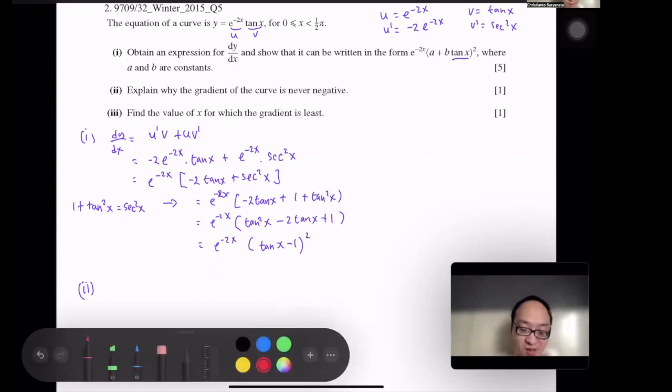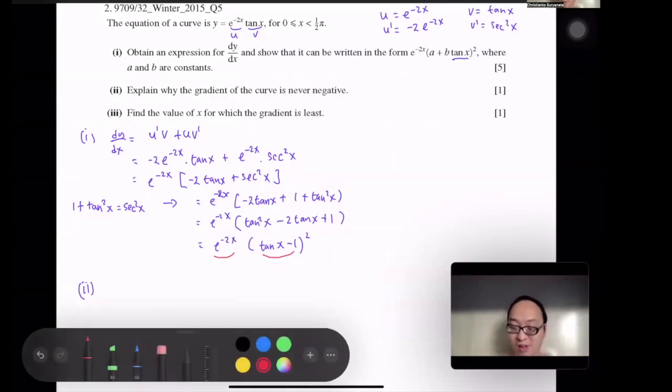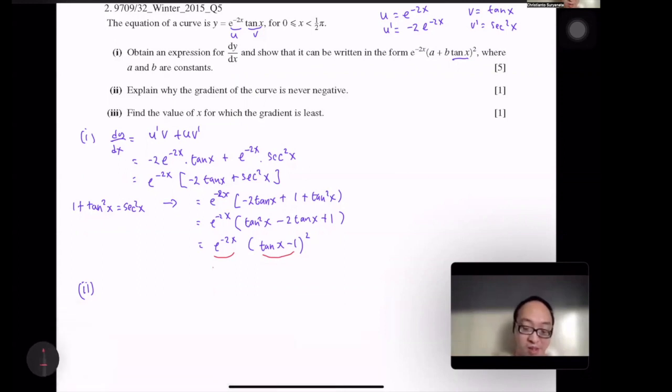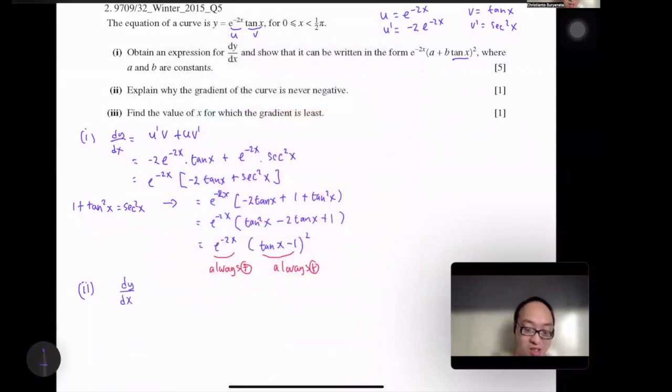Now, if you see, the first derivative consists of an exponential and a square form, both of which can never be negative, because the exponential is always positive and the square number is also always non-negative. So that means dy/dx is never negative.